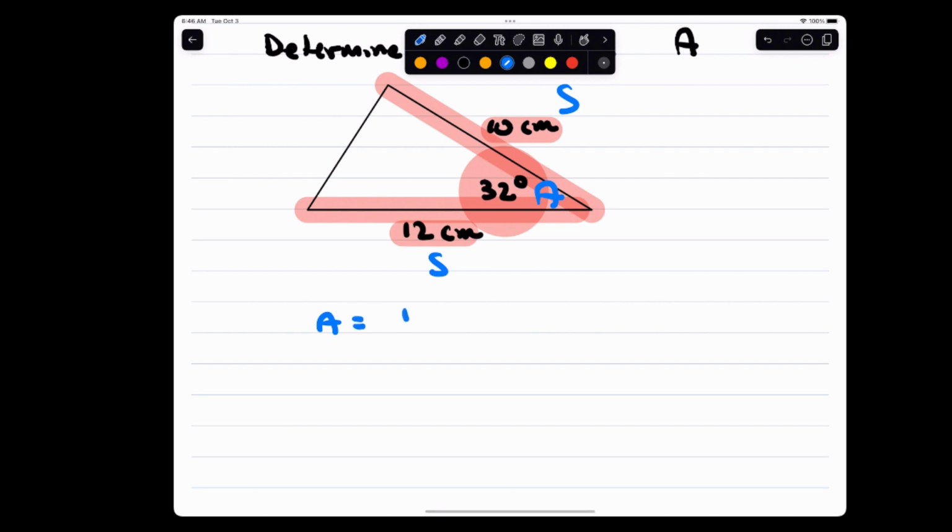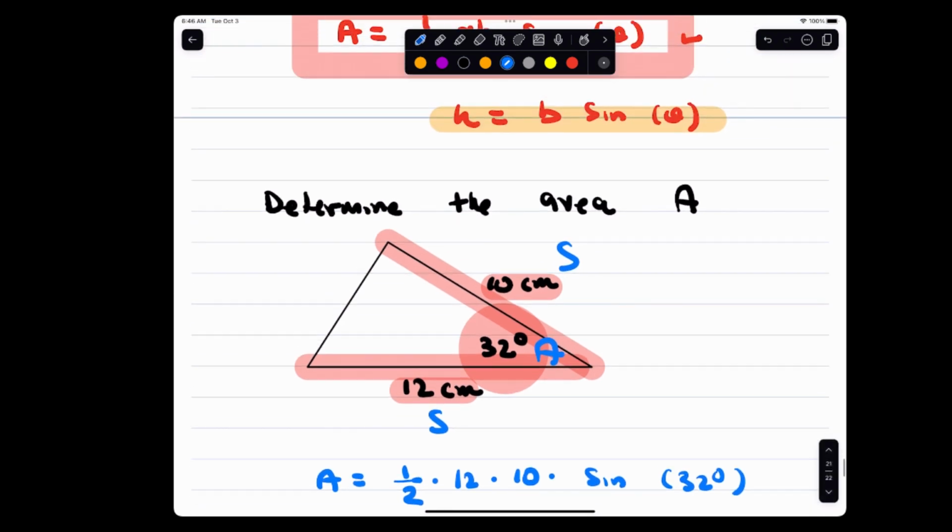What's your area? 1/2 times 12 times 10 times sine of 32. And you're going to use this area formula.